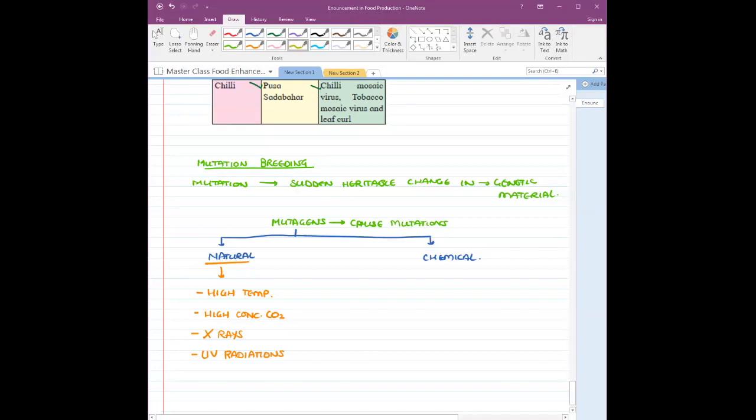Then the next thing is chemical mutagens. In chemical mutagens, basically, we are going to make use of chemical agents. We are talking about some of the famous ones. We have ETBR, which is ethidium bromide.